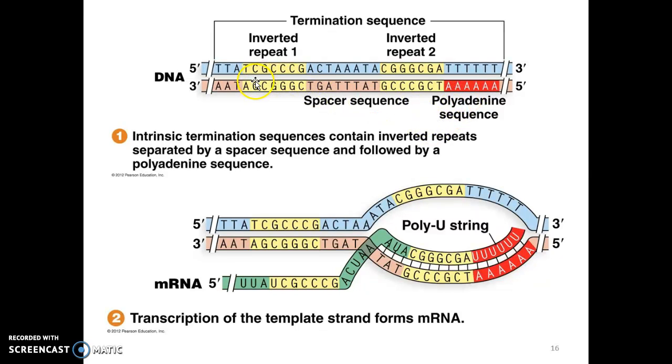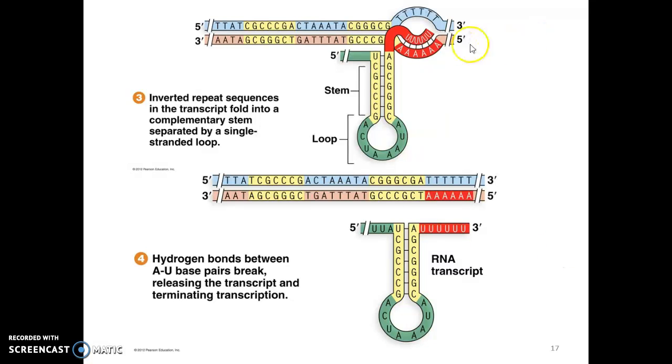So what will happen is when this sequence is utilized to make corresponding messenger RNA, which is shown here, spooling out of the transcription bubble, eventually enough of it will come out, and remember this is in the watery environment of the cell, and this RNA molecule is single-stranded, so it's kind of flopping around in there.